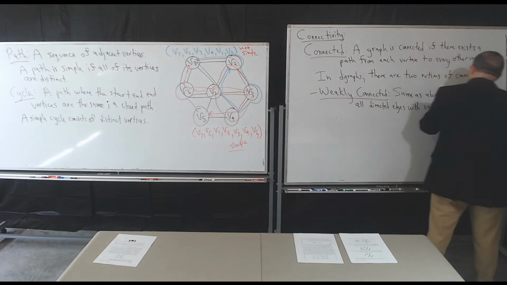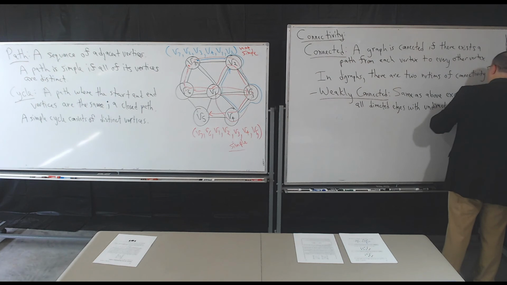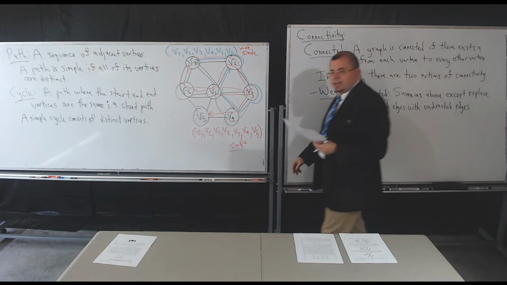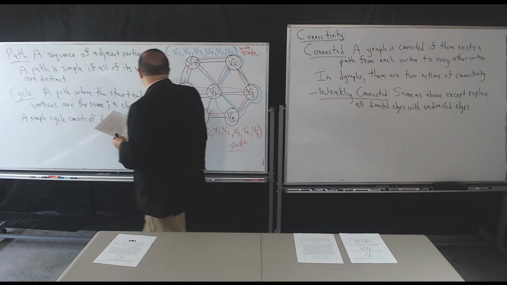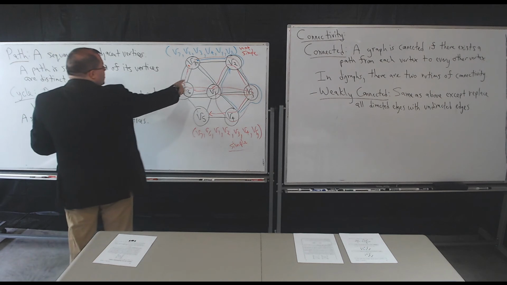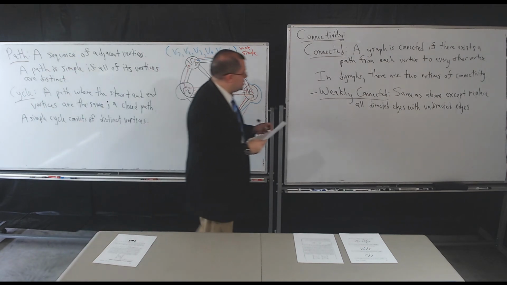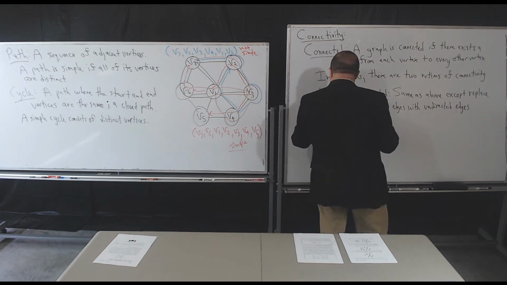What I'm saying is if you give me a digraph, you're just going to ignore the direction of the edge and treat it like an undirected edge. If these had arrows on them, you would just pretend the arrow doesn't exist. If that is true, then it's called weakly connected.